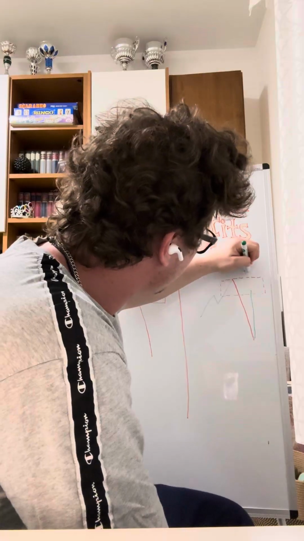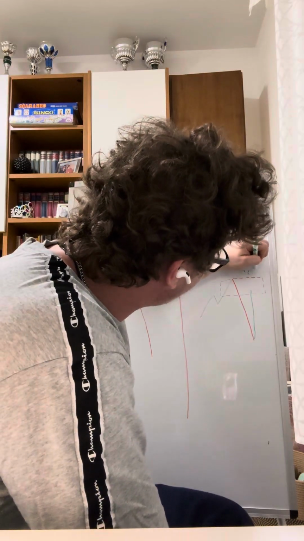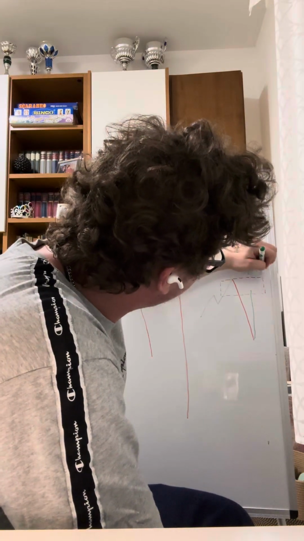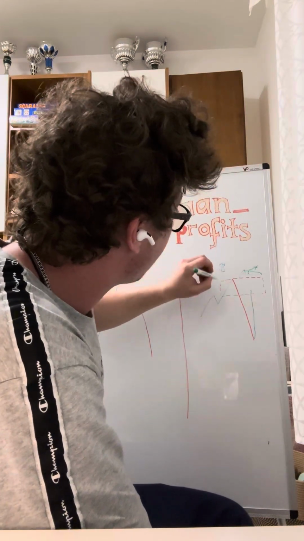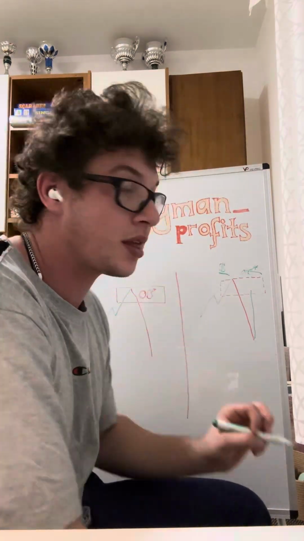So the order block after this second move will be cancelled out. In other words, they have finished their order and they have taken all the money that they can.